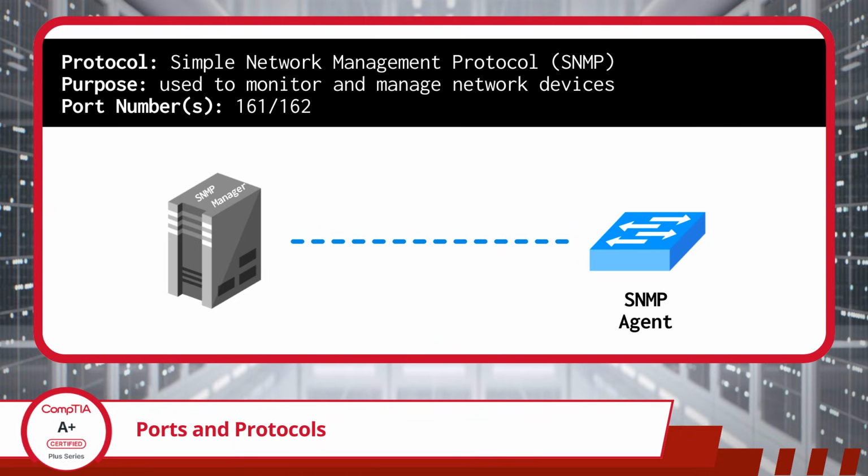SNMP is particularly valuable in large-scale network environments where constant monitoring and adjustments are necessary for maintaining network health and performance. SNMP primarily operates on ports 161 and 162 for sending requests from the manager to the managed devices or agents and receiving responses from these agent devices.